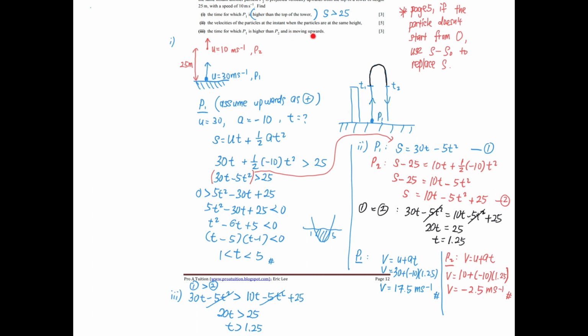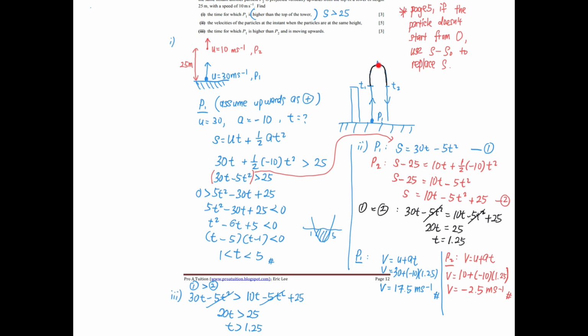So P1 is moving upwards all the time until this particular point, the maximum height. After this point, it starts moving downwards. So we need to find this particular time.